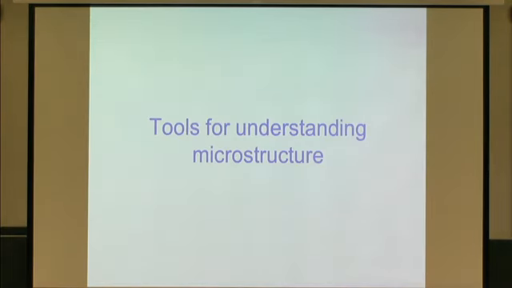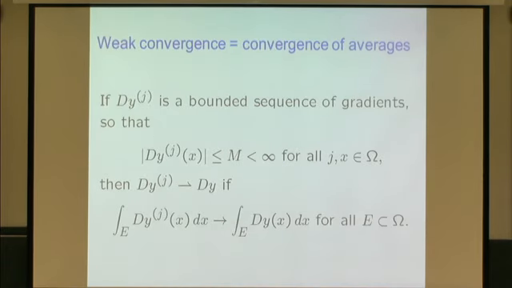So how do we understand microstructures? There are some mathematical tools which I will very briefly go over. The first is weak convergence. This will be the most familiar one to most of you, I expect. It is convergence of averages.